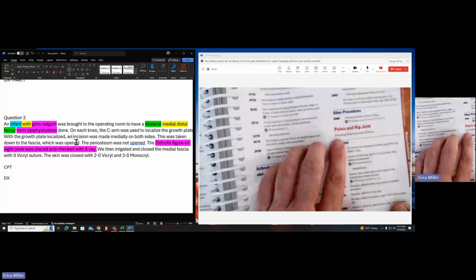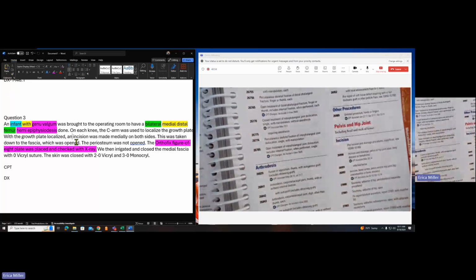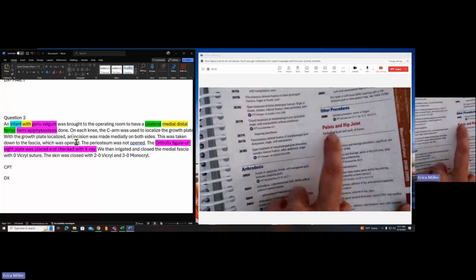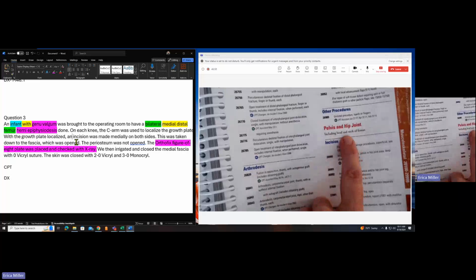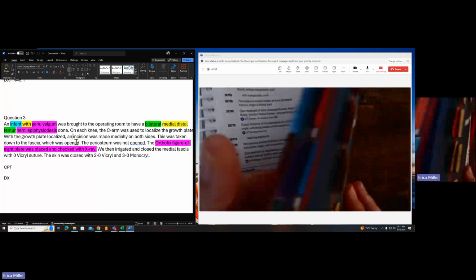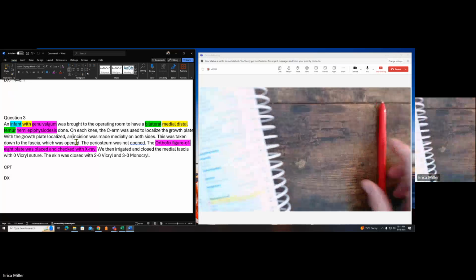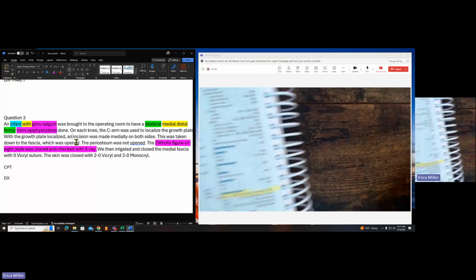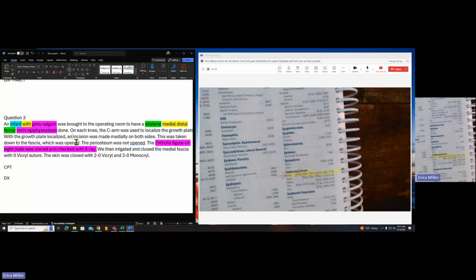So right away, I'm not feeling good about this code because it's not coming from the specific anatomic location on the femur that we need to account for. Okay, so I'm putting a soft no on that one.